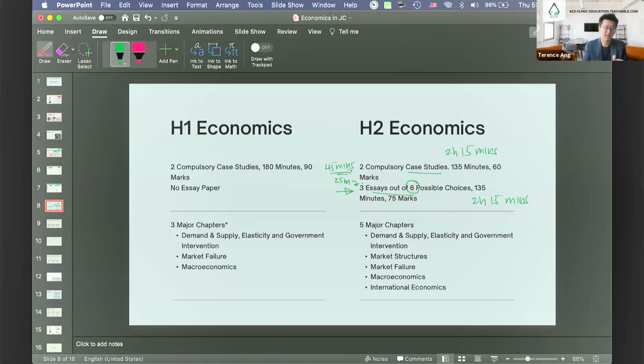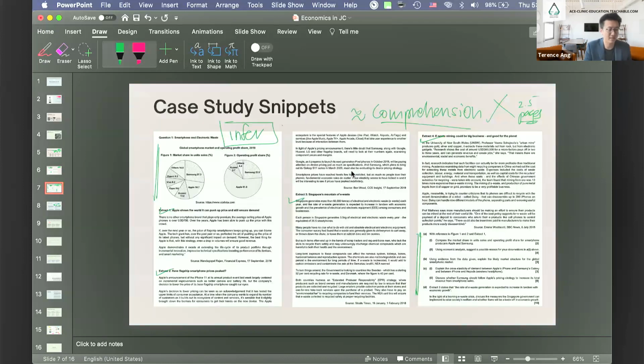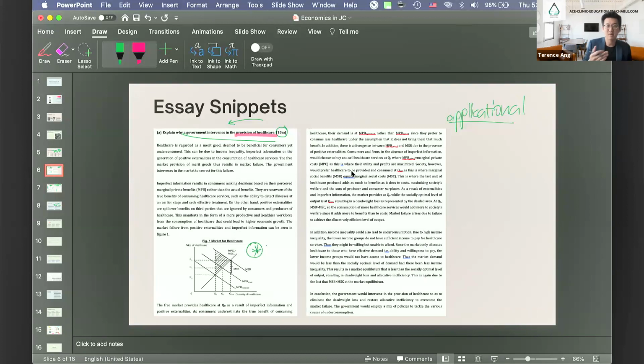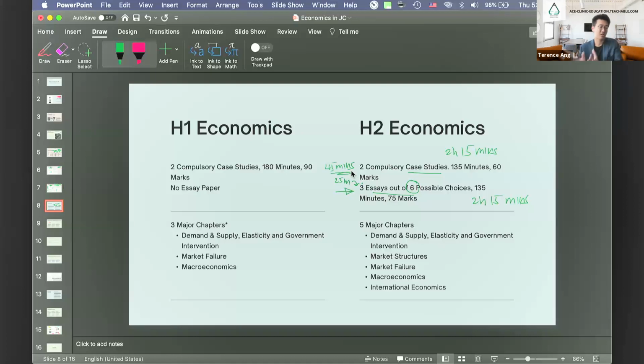So if you're wondering, right, this essay that we looked at earlier, this 10-mark essay, will typically be about 2 pages long, the answer, and you only have about 15 to 18 minutes to write. So that's what we mean by time pressure, right? There's a lot of time pressure here. So H2, right, 2 compulsory case studies, 3 essays, 2 papers, typically on 2 separate days during the A levels.